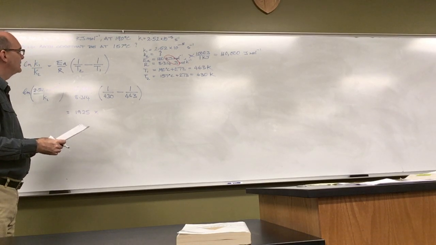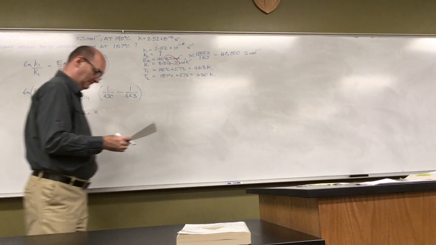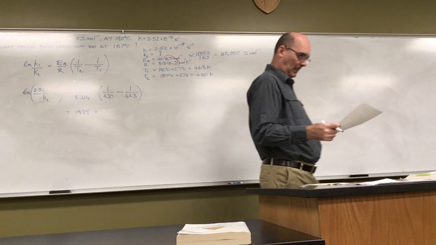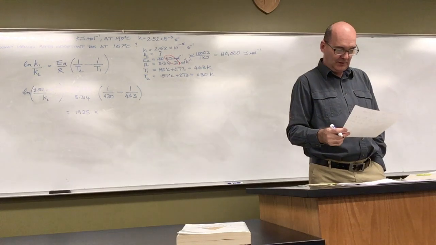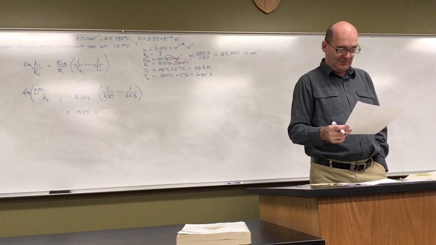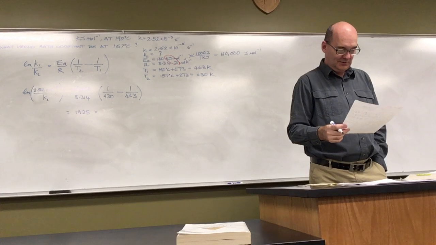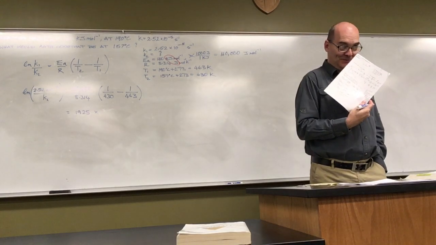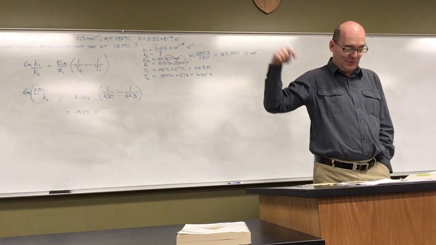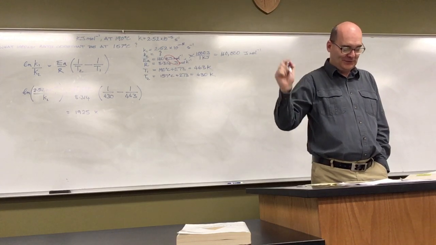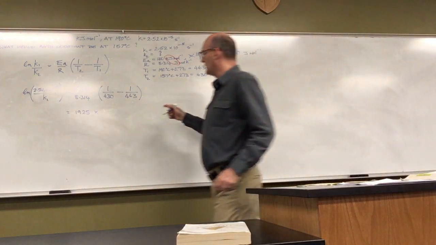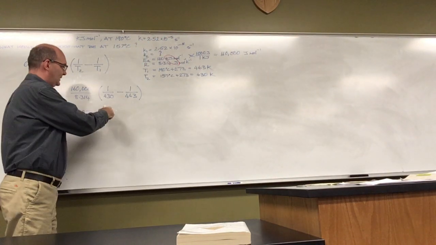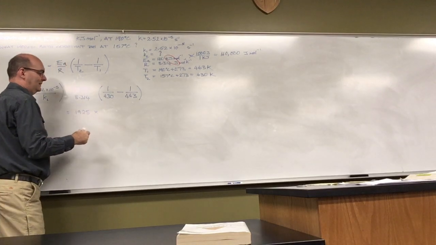Did I put them in the wrong place? Hold on. Oh, you know what I've done? We're going to go on a journey because my solution has K1 over K2. I've switched the numbers around. It doesn't matter. It's still going to work out.